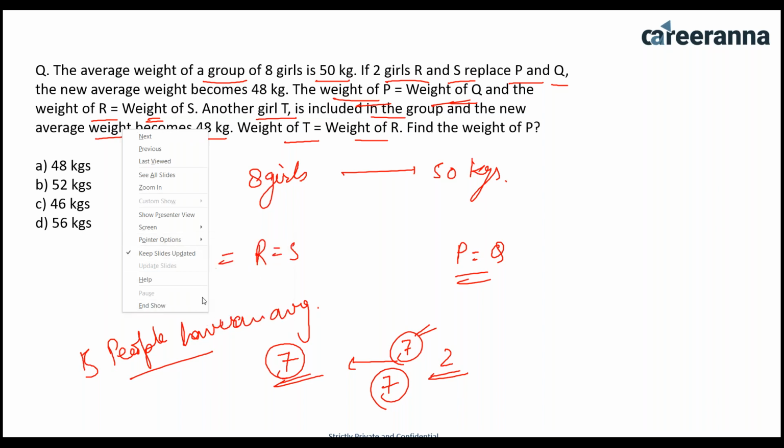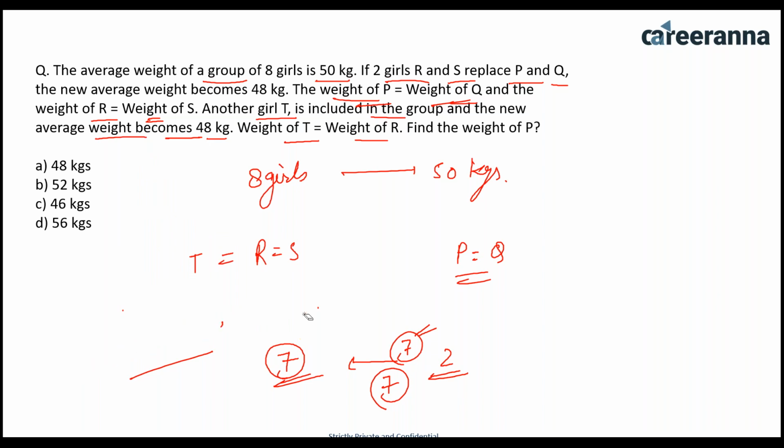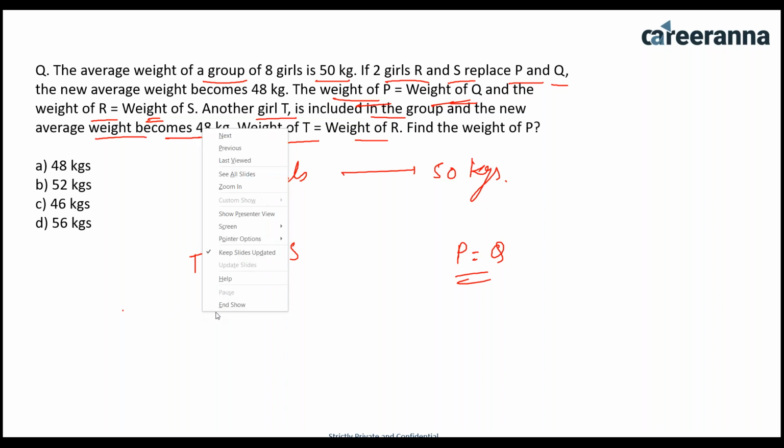Now let me tell you how I'm using this in the question given. That means if a person who has the same average as the group joins, then there won't be any change, right?